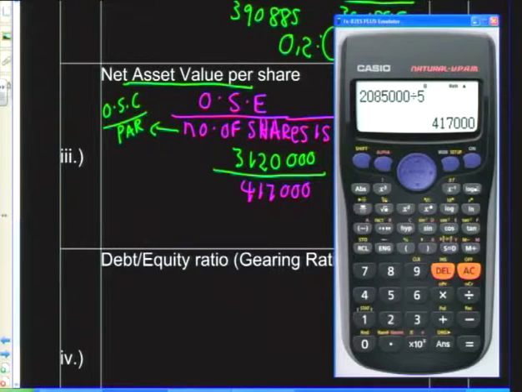And again, the calculator out. We are taking 3,120,000, and watch those zeros, quite a number of zeros, divided by number of shares. And my net asset value, if I multiply by 100, is 748.2 cents.